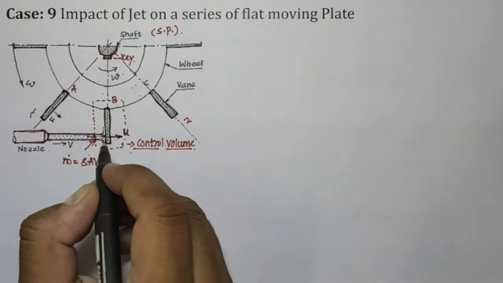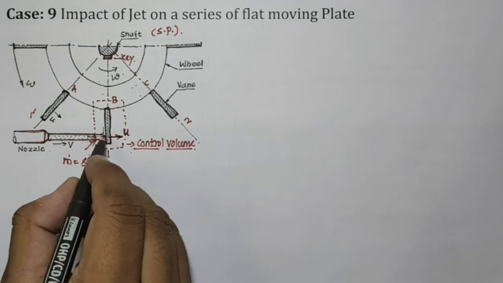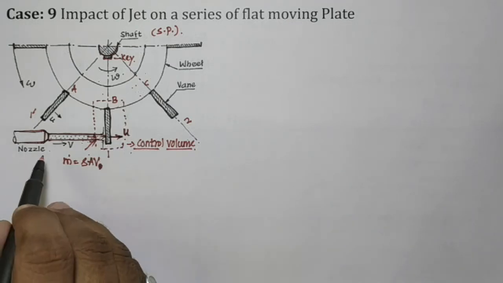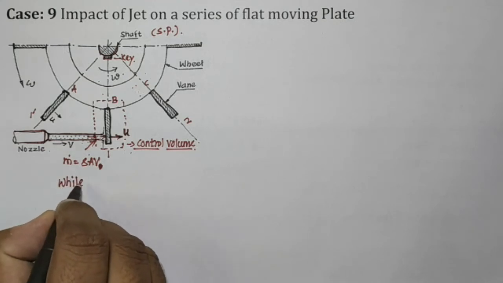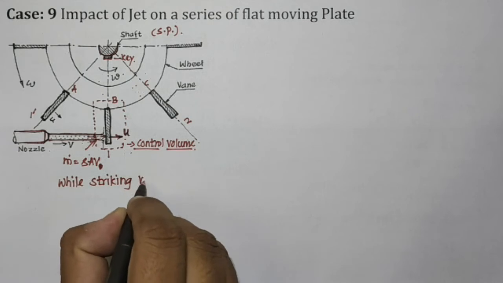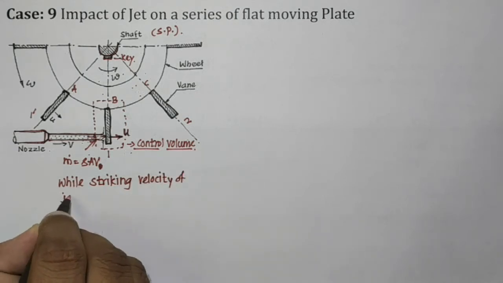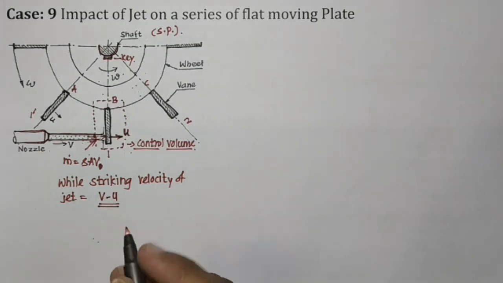Now while striking, the velocity of the jet will be like this. The plate is moving and the jet has velocity v. So while striking, the velocity of jet is v minus u. That is what we call a relative velocity.